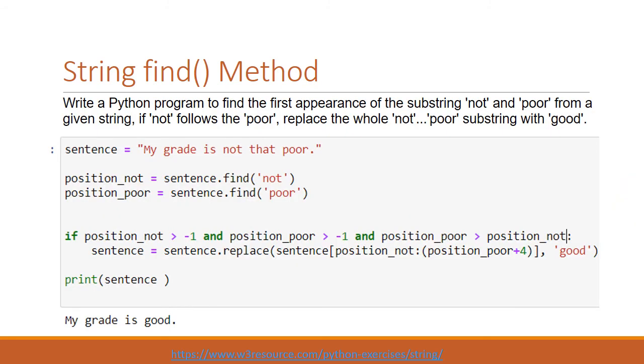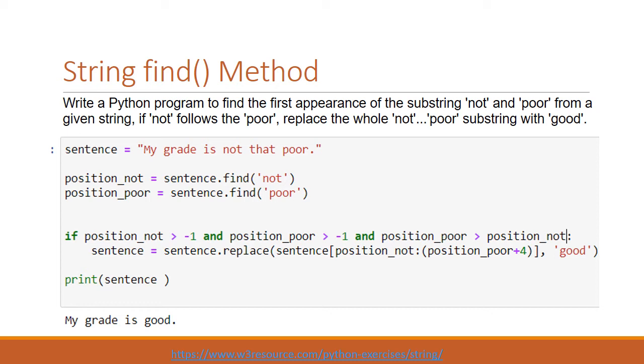Here is one example of a solution to the Python program to find the first appearance of the substrings not and poor from a given string, and if not follows poor, it replaces the whole string with the substring good. Sentence is assigned the value my grade is not that poor.